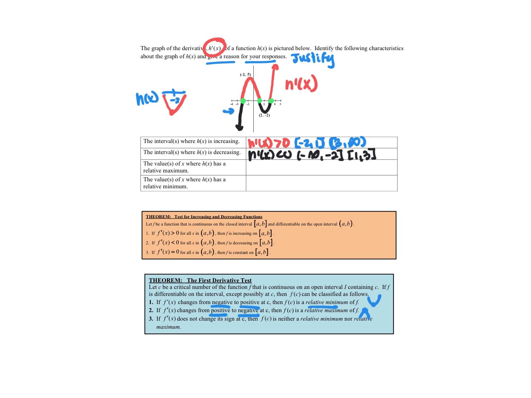So at negative 2, the derivative goes negative to positive. The derivative is negative before negative 2, and it's positive after negative 2. So that will be decreasing to increasing, so that will be a relative minimum. So we can say there's a relative minimum at x equals negative 2.